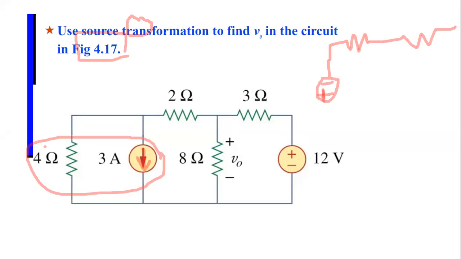After that, the series resistance is 4 ohm. After that we have 2 ohm, which will be intact. We are not changing it. But this is the 4 ohm and this is the voltage source of 12 volt.